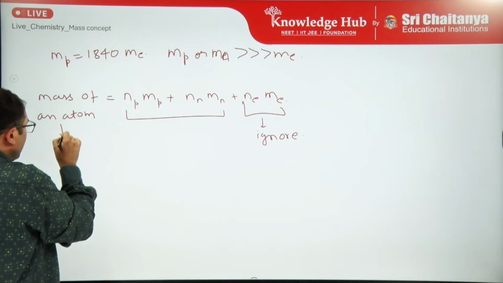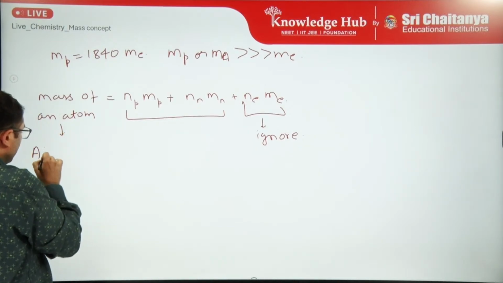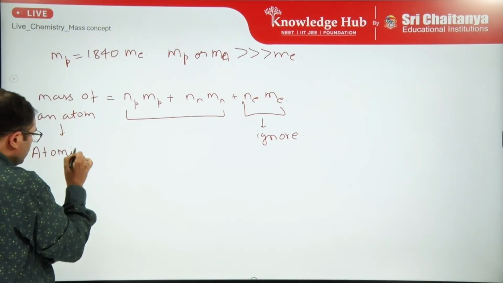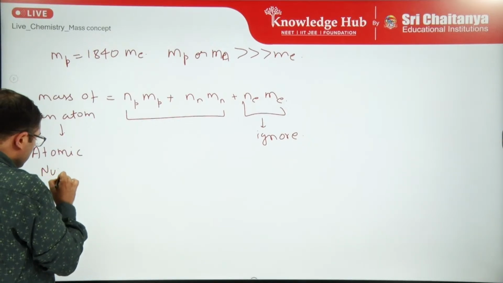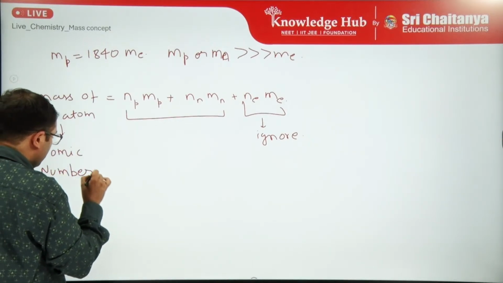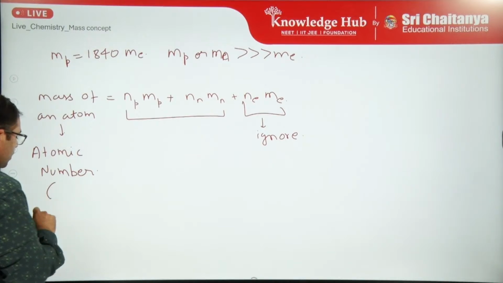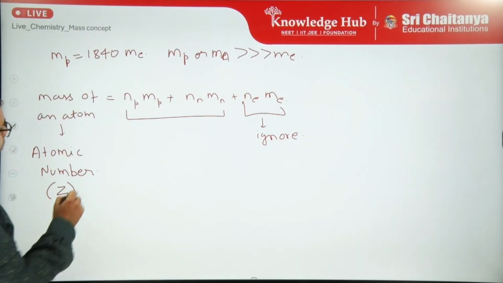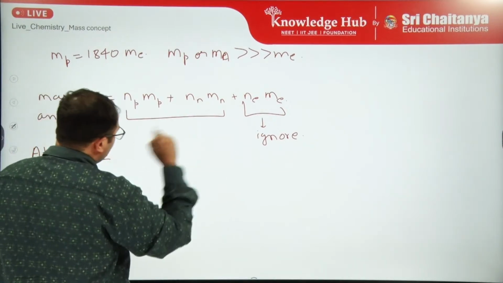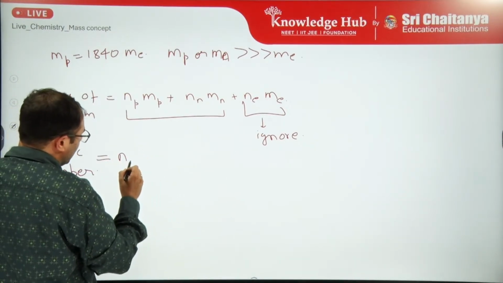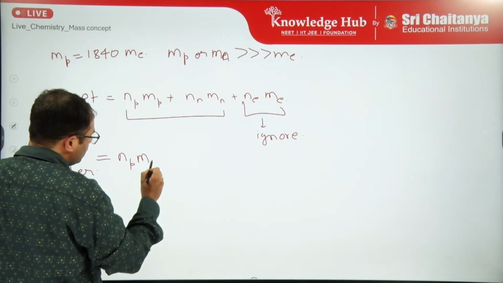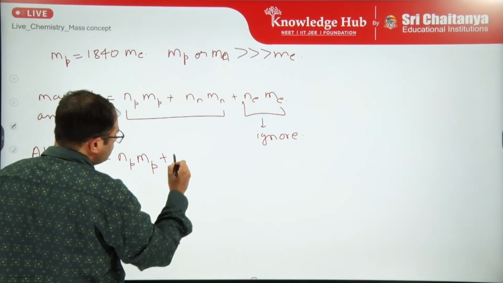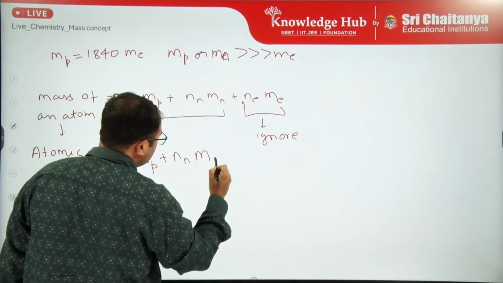So mass of an atom is actually called a term as atomic number, right, denoted by the letter Z. So we ignore this and we write it as number of protons times mass of each proton, number of neutrons times mass of each neutron.